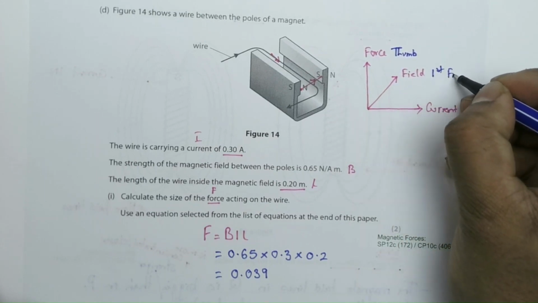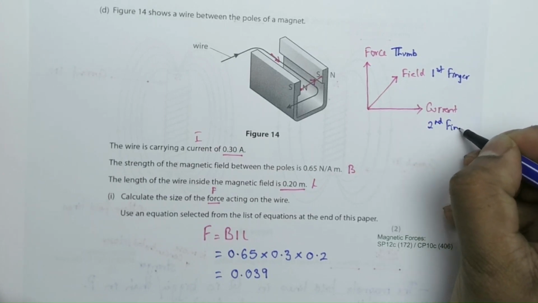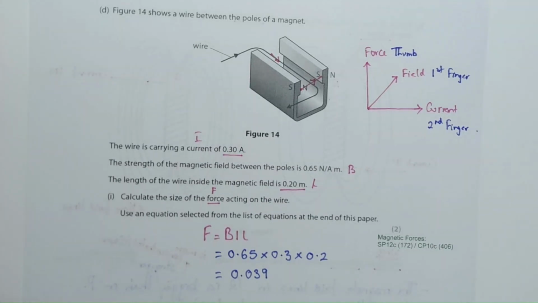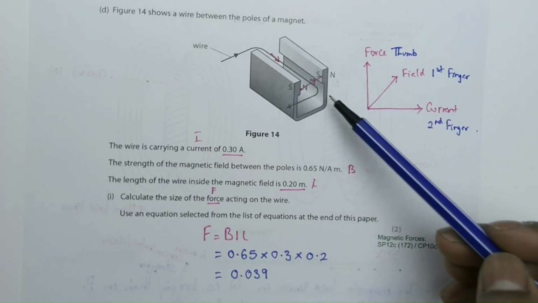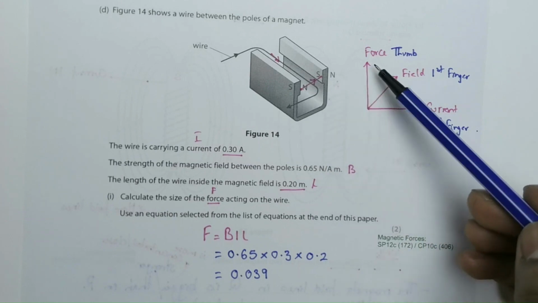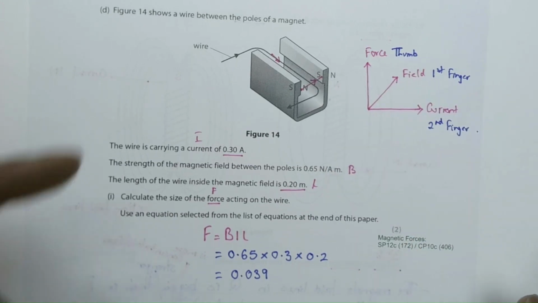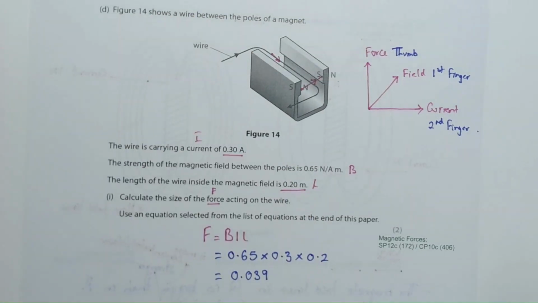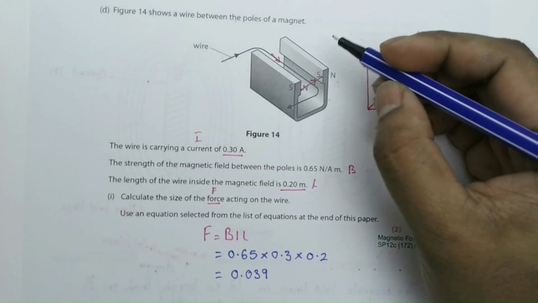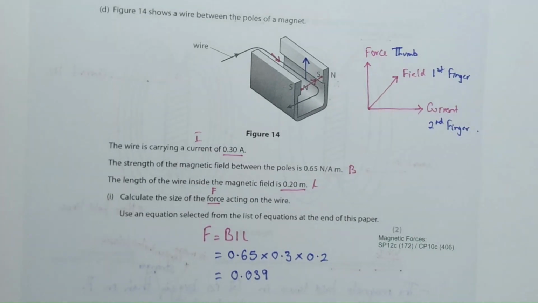first finger and your second finger, right? So as you can see, when I turn this around, the current is moving in this direction and the field is moving perpendicular to this. So if I point my hand like that, the force on the wire is acting upwards, right?